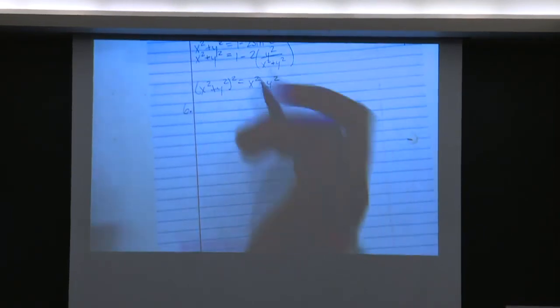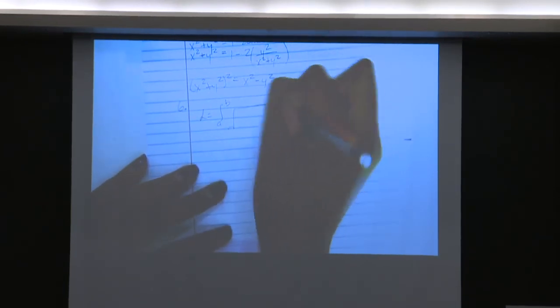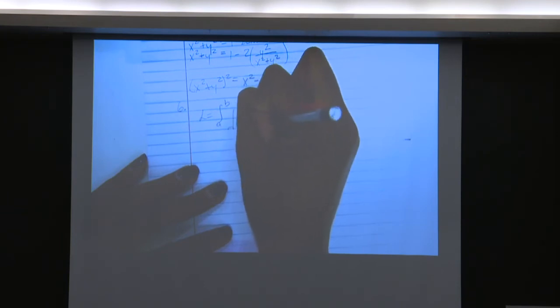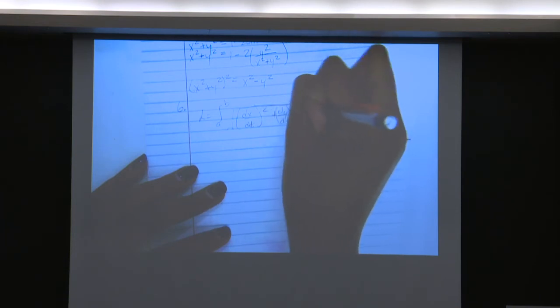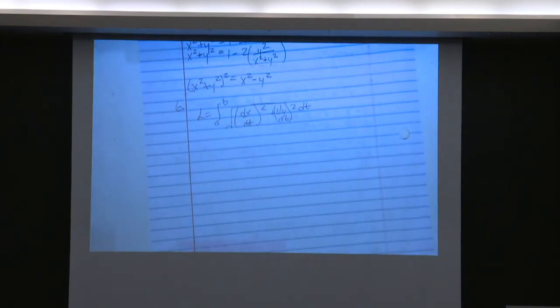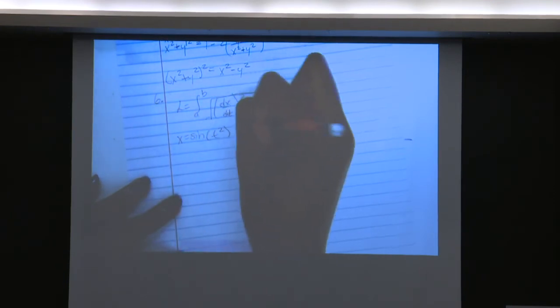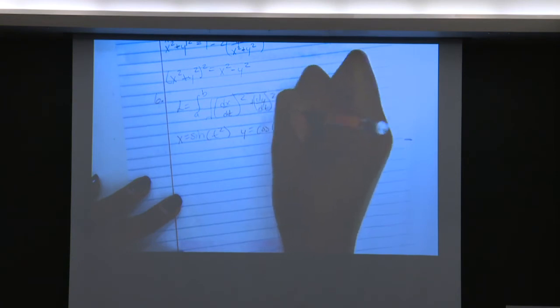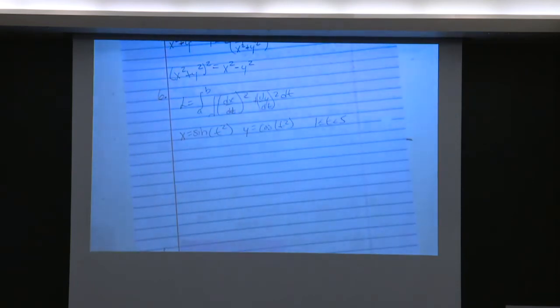I'll write it down: the integral of the square root of dx/dt squared plus dy/dt squared, dt. Then we just plug it in and solve our integral.